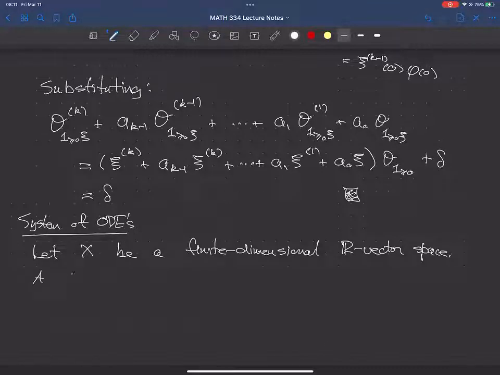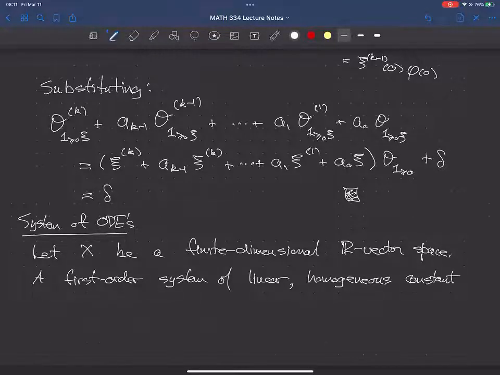So a first order system of linear homogeneous constant coefficient ODEs is a map.